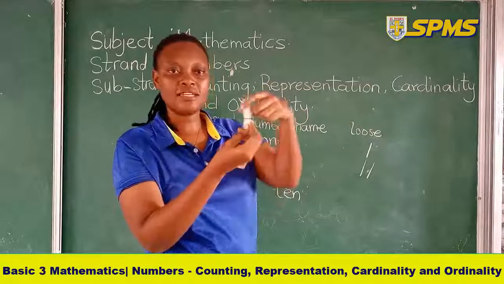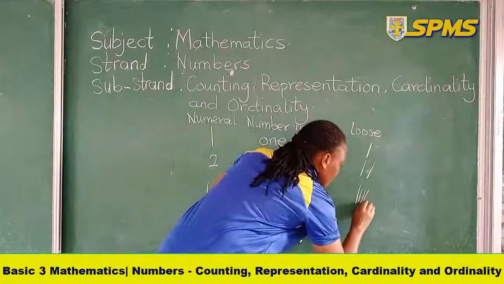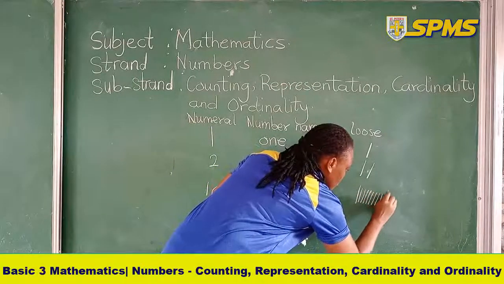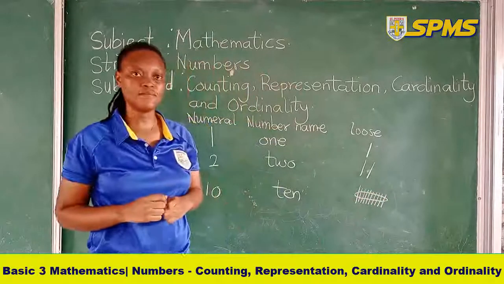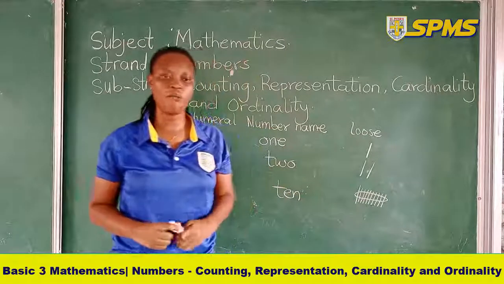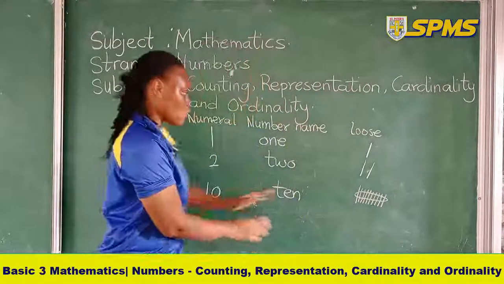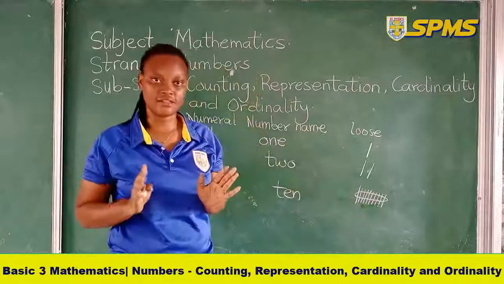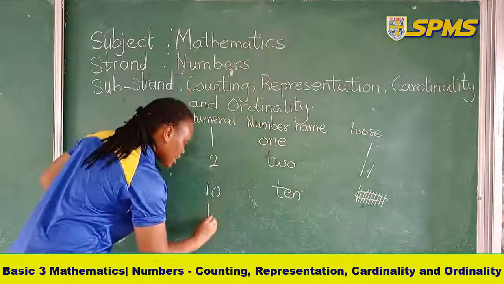So it is in the bundle form. This way. So this is in the form of tens. So we have just 1 ten. Is that okay?